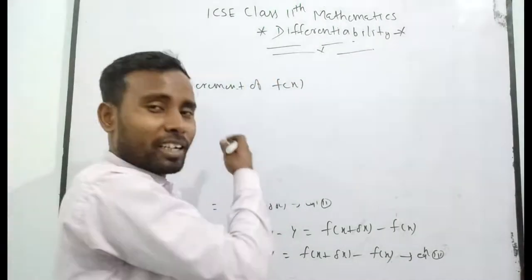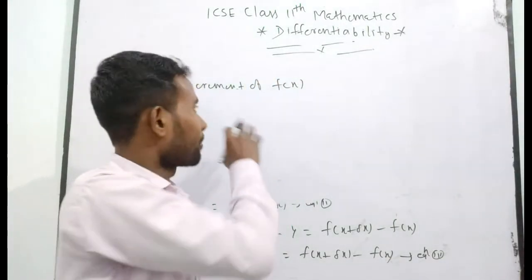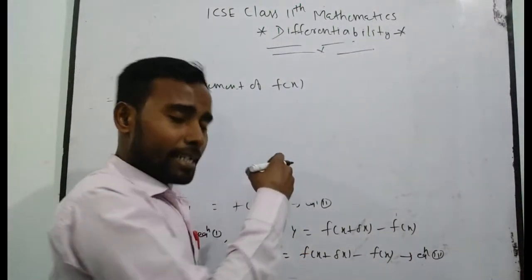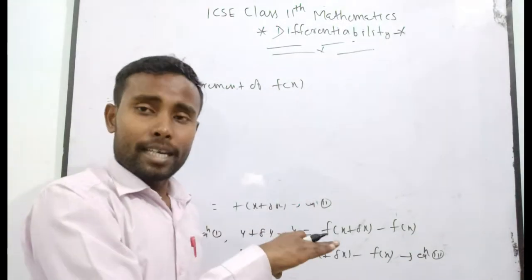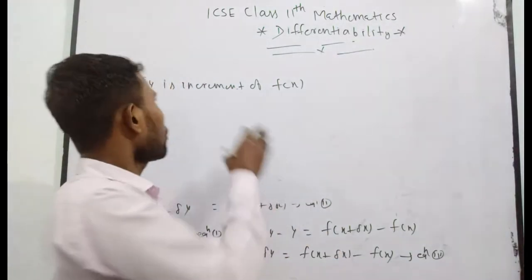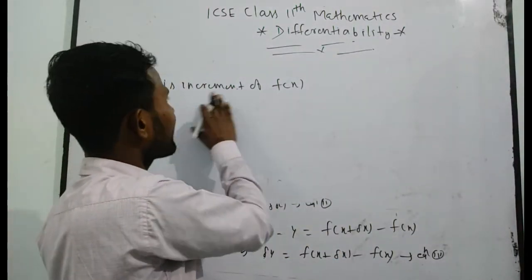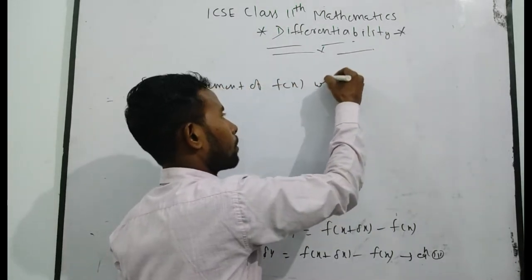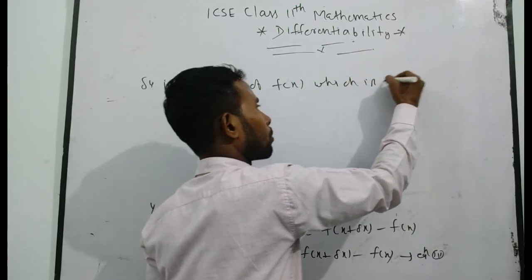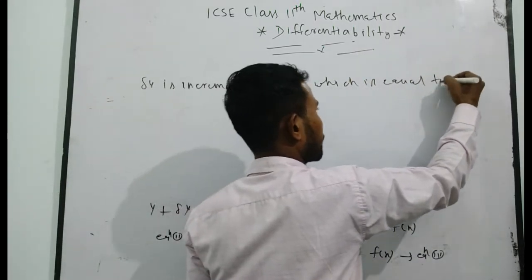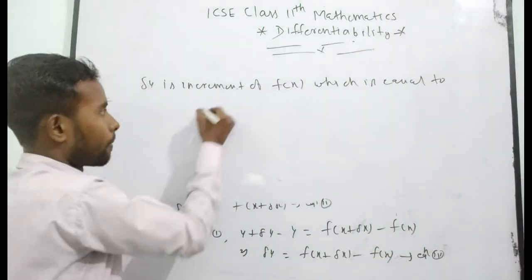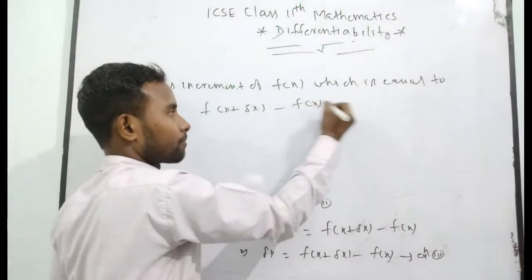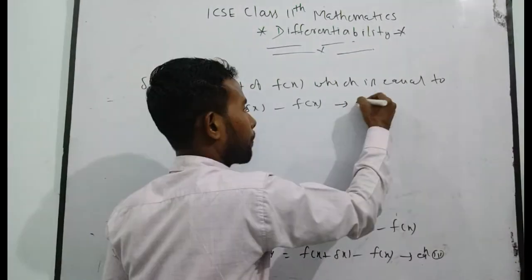I have not used here increases, I have used here increment. It may be positive or negative. It may decrease the value of f(x), it may increase the value of f(x). So you can write here del y is the increment of f(x), which is equal to f(x plus del x) minus f(x), which is supposed as equation 3.